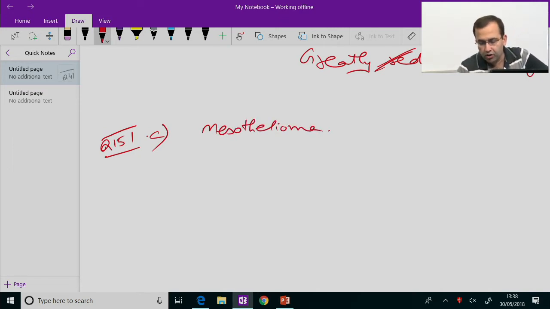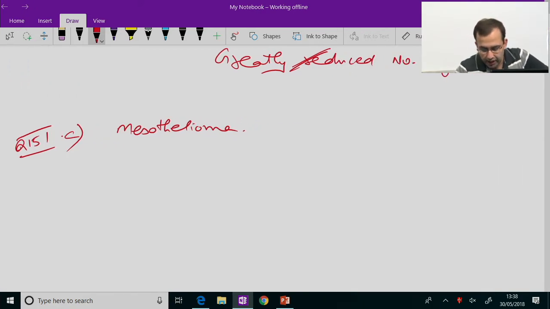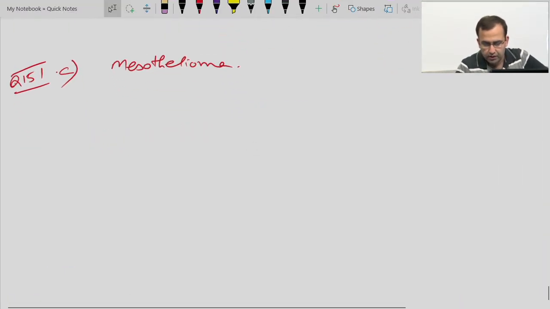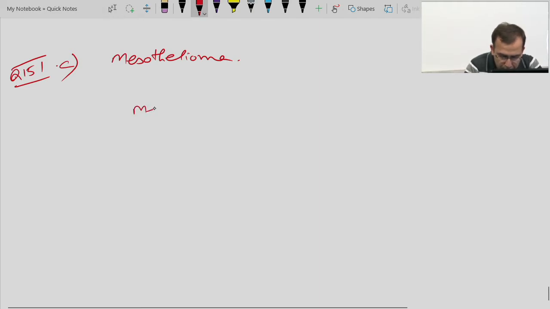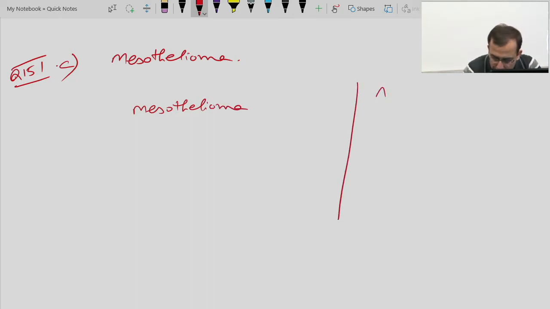The electron microscopic appearance of adenocarcinoma versus mesothelioma. Let us make a table of the same, mesothelioma versus adenocarcinomas. We are of course talking of lungs here.